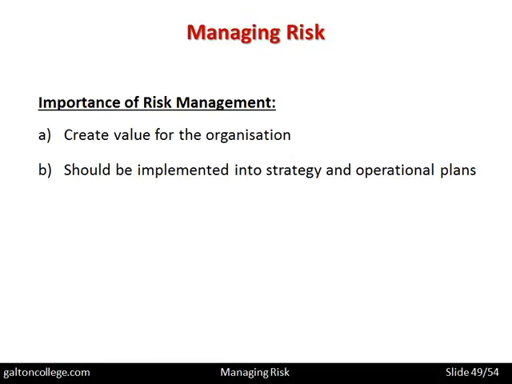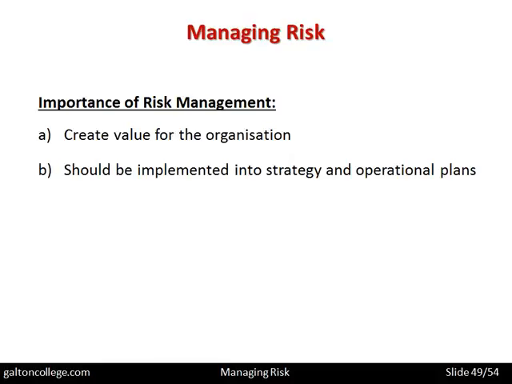So there should be some assessment of risk at the very micro level, but also within the organization at the more macro level. If there's an issue related to the economic environment in which the business operates, how can the business cope with this? What are its plans?